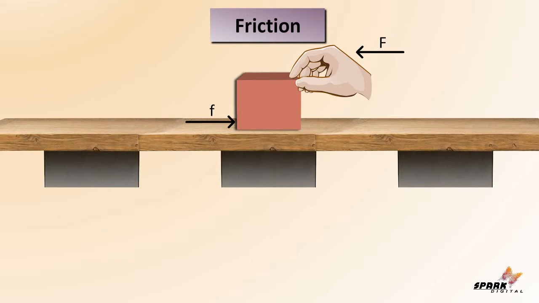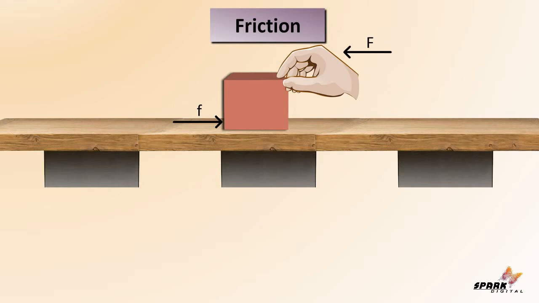However, after a certain limit, the force of friction cannot increase further. If the applied force exceeds this limit, then the block starts moving, as the force of friction and the applied force are not balanced.